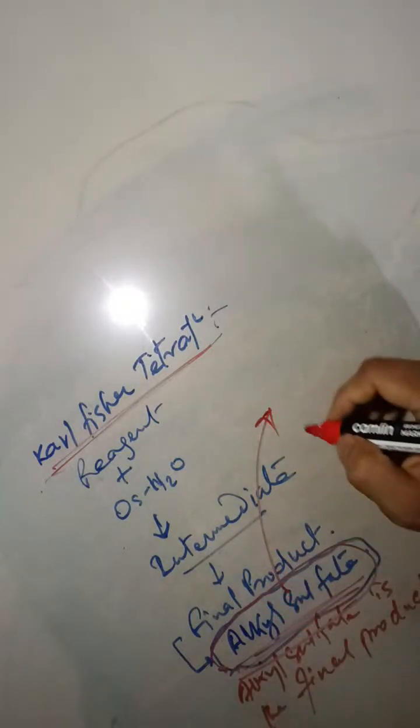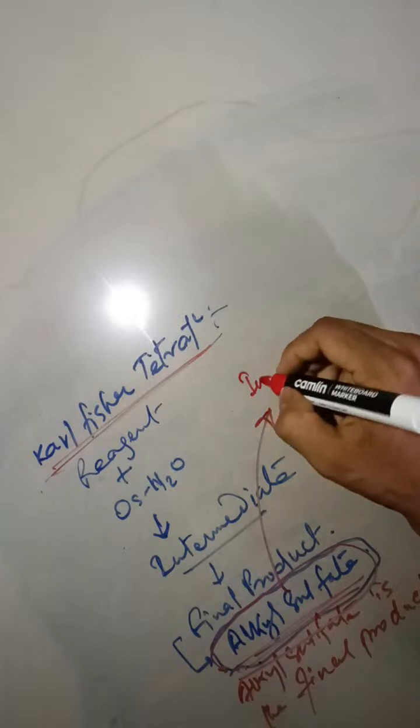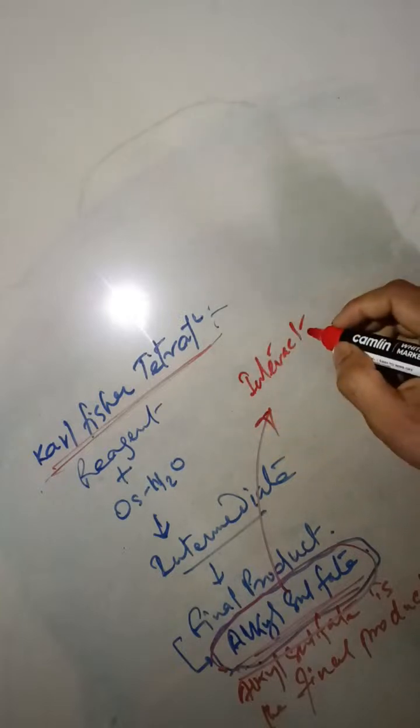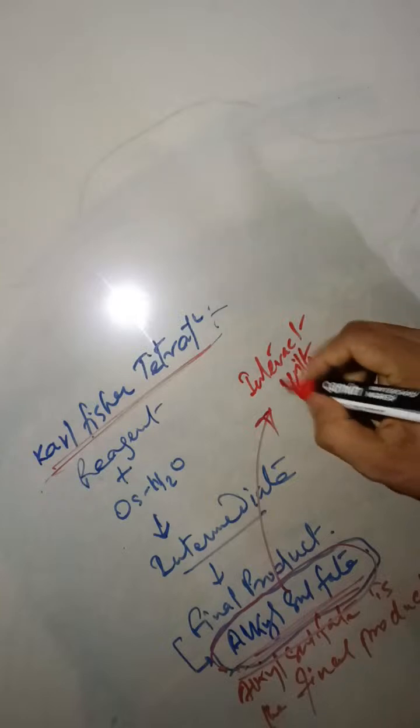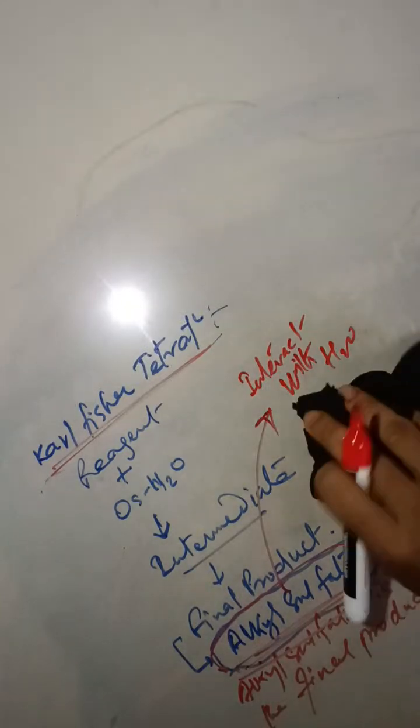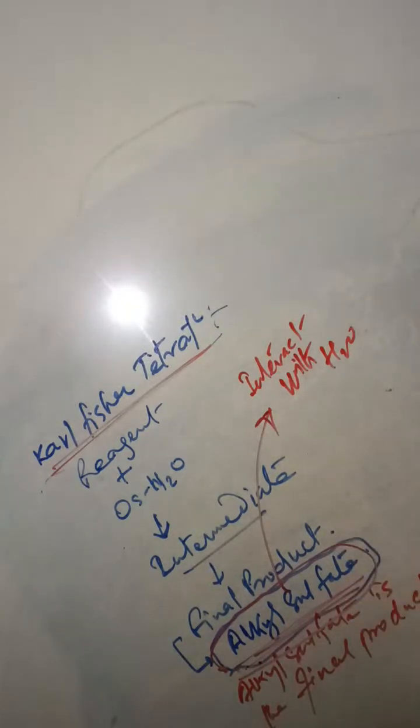How is this treated? In this, the alkyl sulfate will interact with the water and produce current. The alkyl sulfate which is produced is the final product. The alkyl sulfate will interact with water. Interaction with water will produce current.